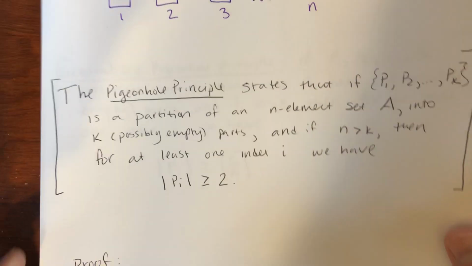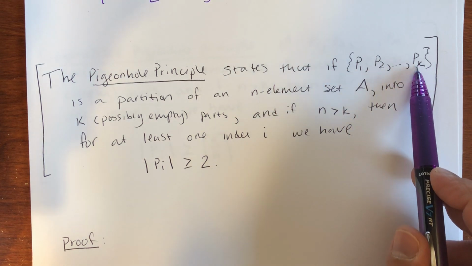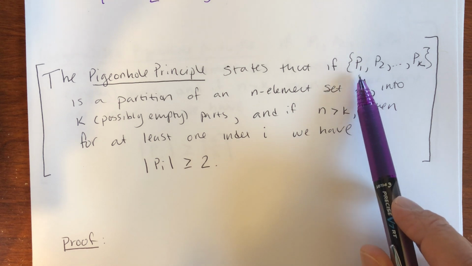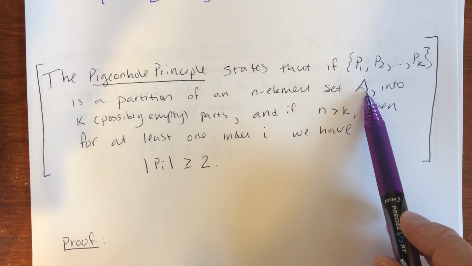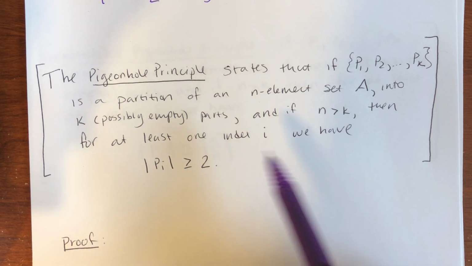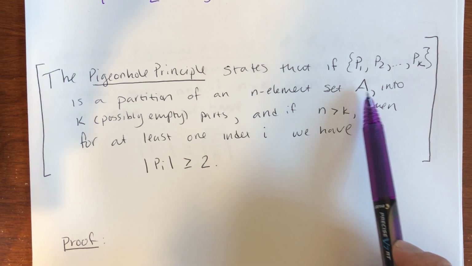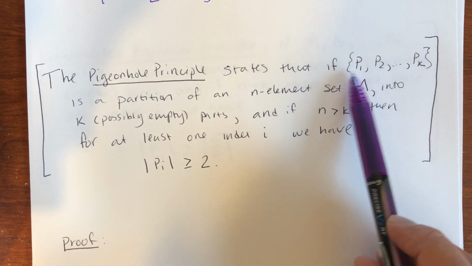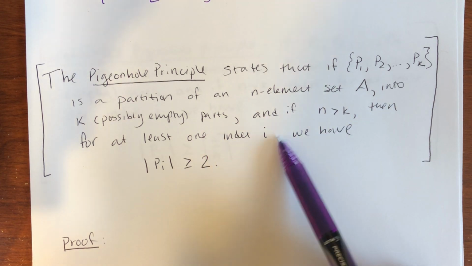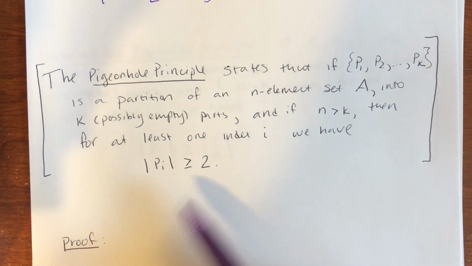More formally, the Pigeonhole Principle states that if P1, P2 through Pk is a partition of an n-element set A, in other words, this is a way of dividing up the elements of A into k different disjoint subsets, and if n is greater than k, if there's more elements in A than you have parts, than you have buckets, then for at least one index i, for at least one of these sets, the size of that set is going to be at least 2.